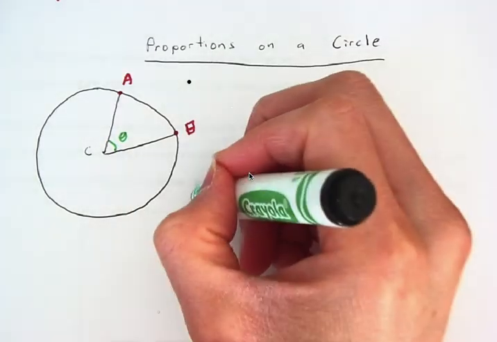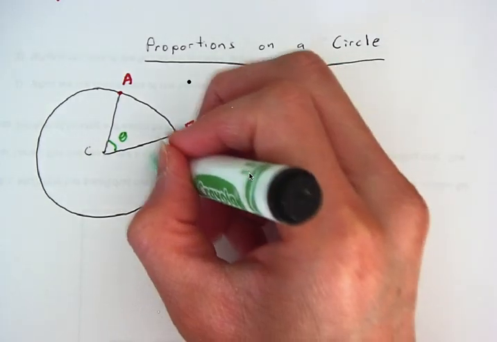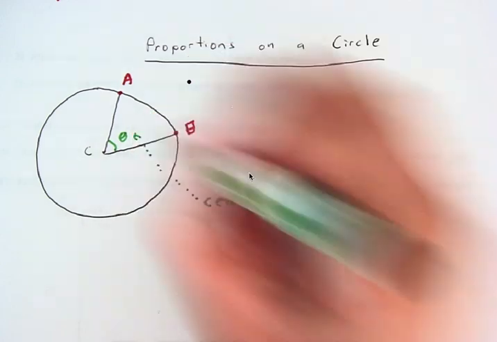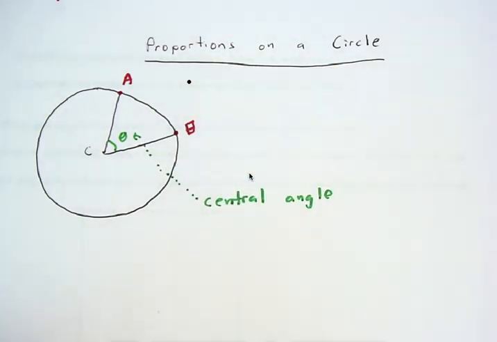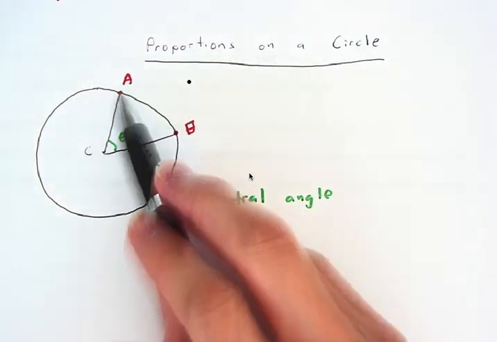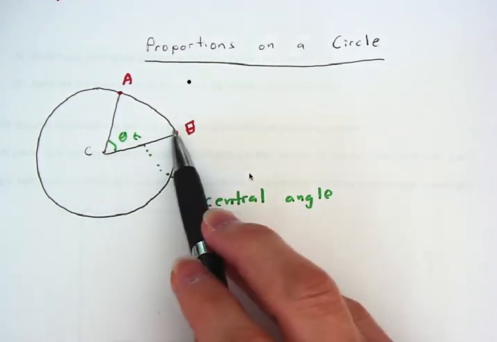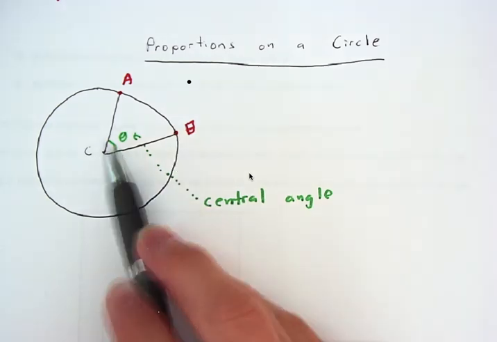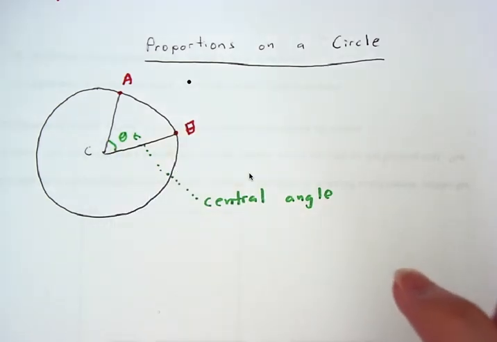So this inside angle that goes from your circle to the center of the circle to a different part on the circle, that right there is called your central angle.